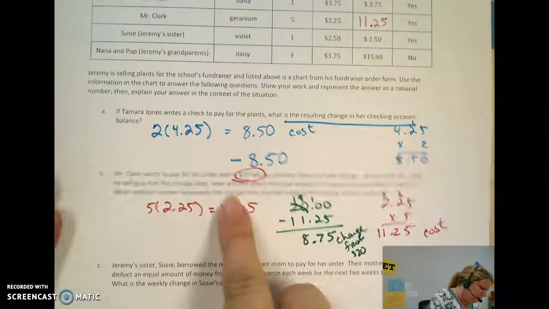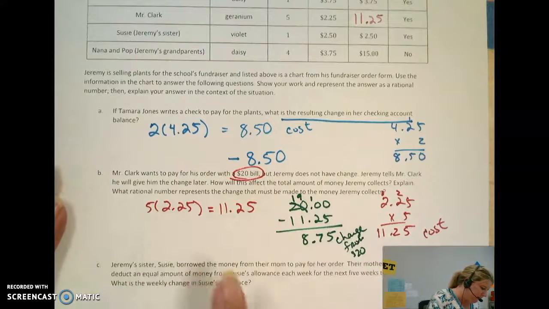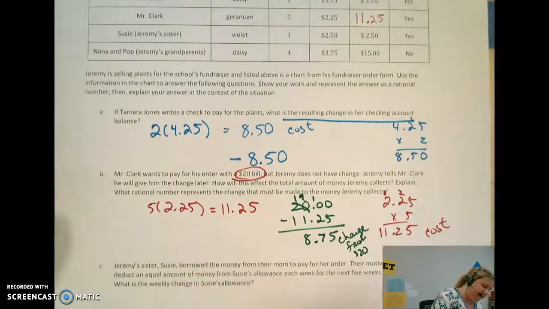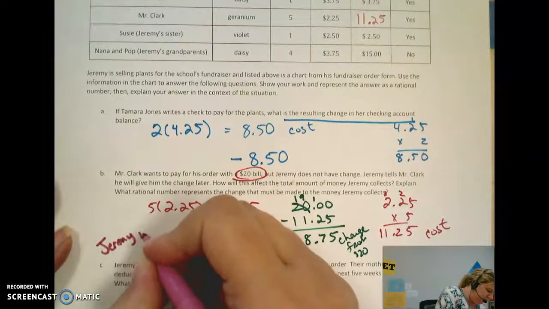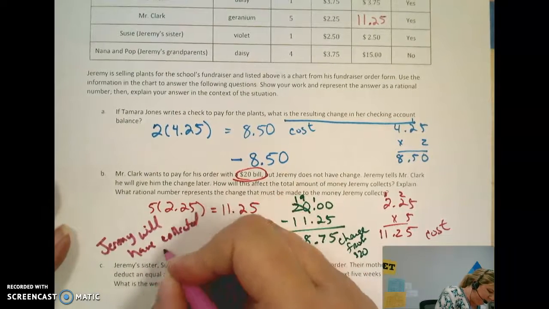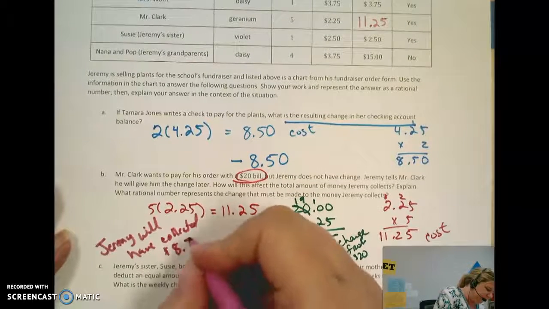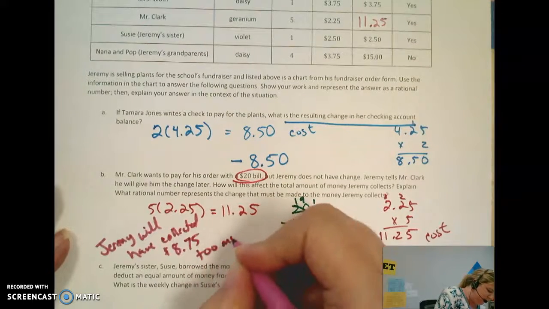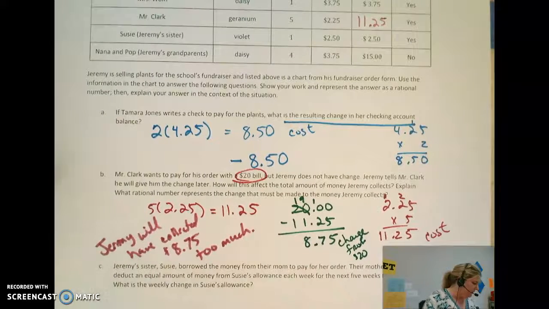Okay, how will this affect the amount of money he collects? Explain. Okay, so Jeremy will have collected $8.75 too much. He will have to return that to Mr. Clark later.